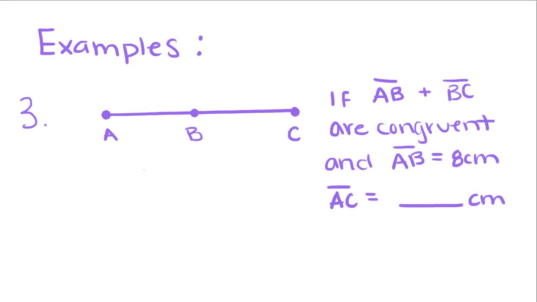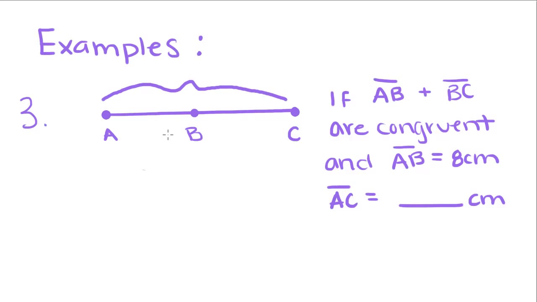Okay, for our last example, we're going to put the two things we learned together. So if AB and BC are congruent, and AB is equal to 8 centimeters, what is the length of AC? Okay, since we know that AB and BC are congruent, that means that they have equal length.